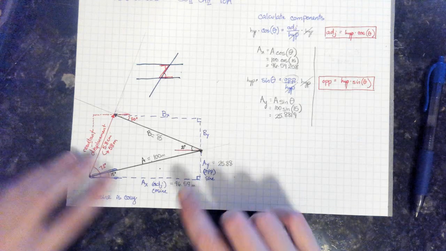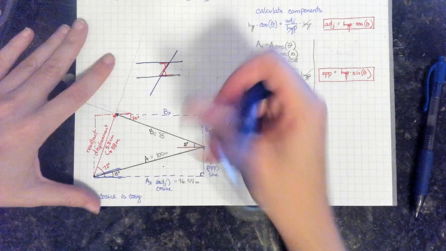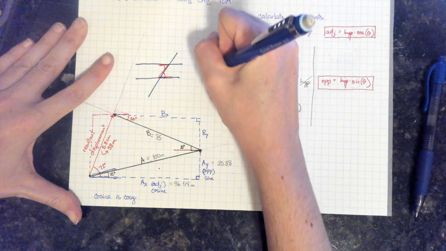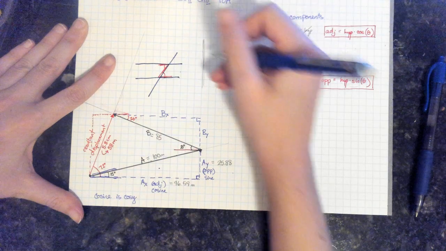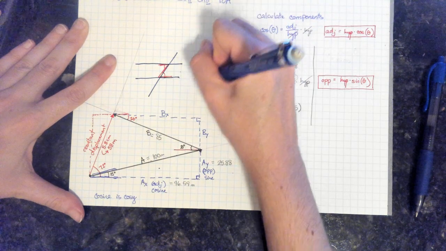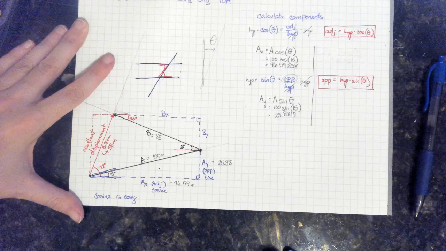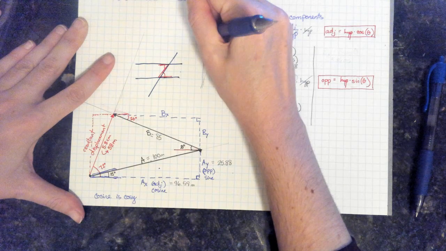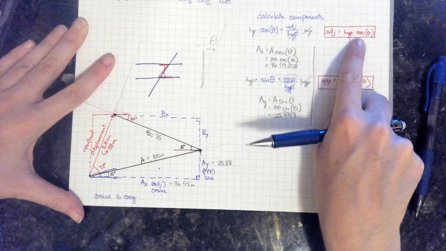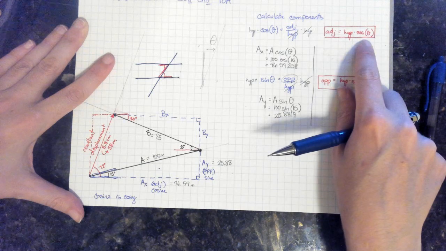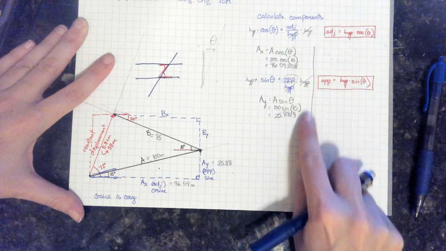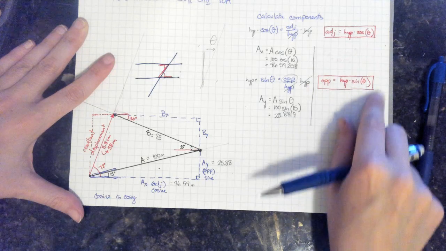Be careful when you're in physics, because sometimes physics teachers are tricky, and we don't give you the angle measured from the horizontal. We can give you an angle that's measured from the vertical. And that would change whether you use sine or cosine. So that's why I'm not using x and y in this equation.